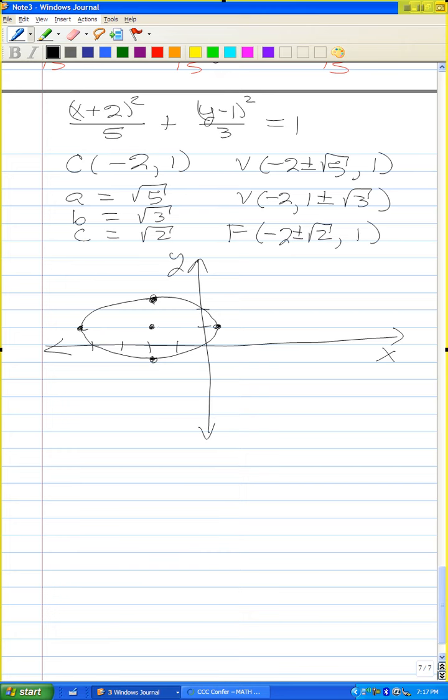And the foci, so the x axis is bigger, and so it's going to be radical 2, so that's about here, and it's going to be about here. So these are the vertices. Here are the foci, and here's the center of my ellipse.